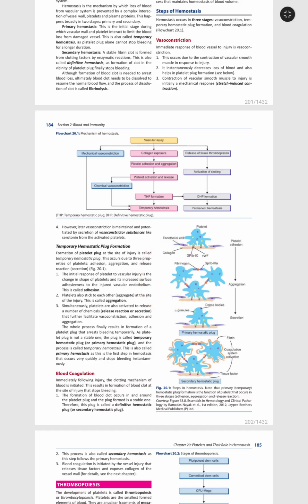Now, blood coagulation. After the primary hemostatic plug, the clotting mechanism immediately initiates the formation of blood clot in and around the platelet plug. Basically, after forming the temporary hemostatic plug, we need something around this plug so that it can further become definitive.